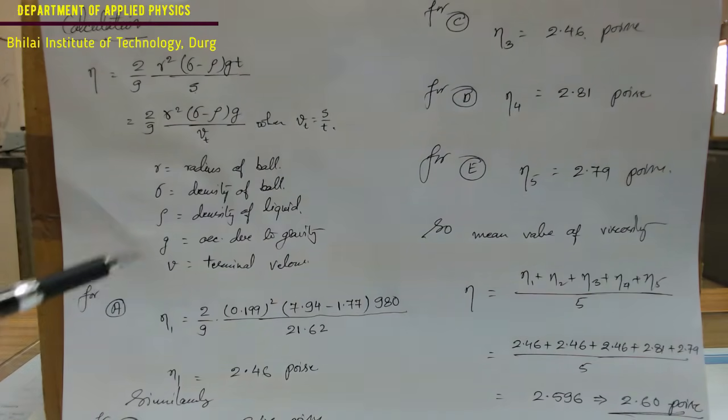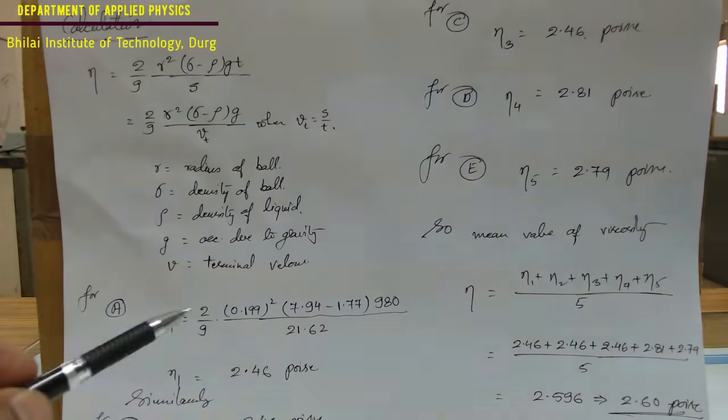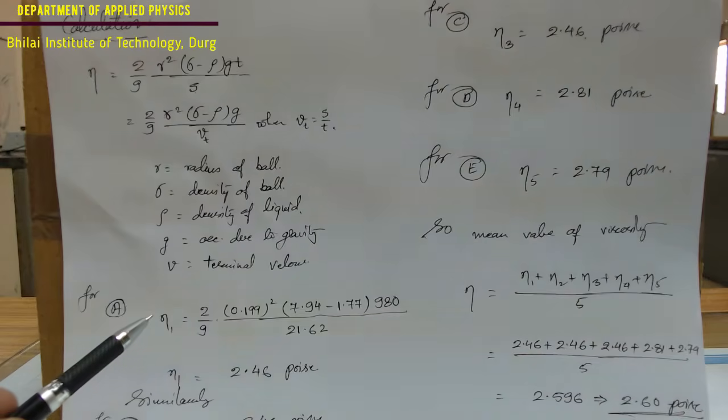So let us put the values for ball A. For ball A we have taken readings of radius, density and terminal velocity.